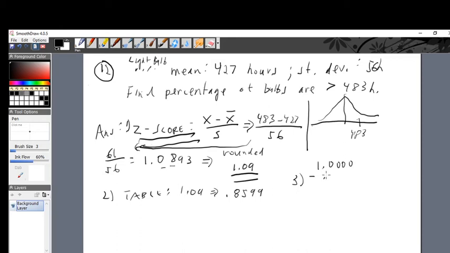That might be a little bit off, but I can still show you exactly how to do this. 1 minus 0.8599, what do you get? 0.1401, and the problem is over. It doesn't matter. I'm still showing you exactly how to do the problem. Okay, 12 is done.